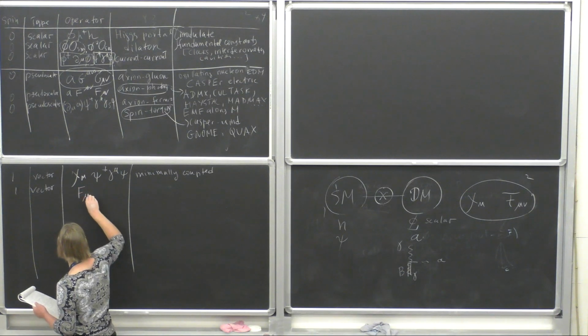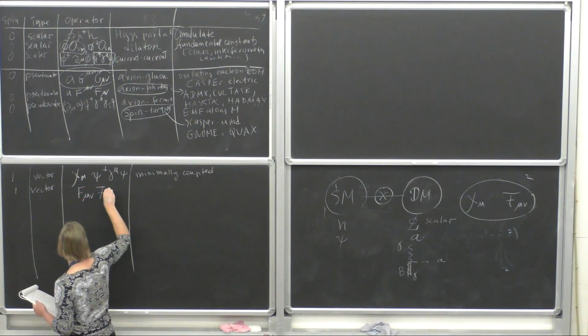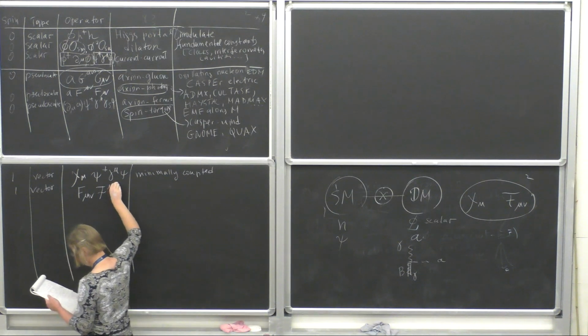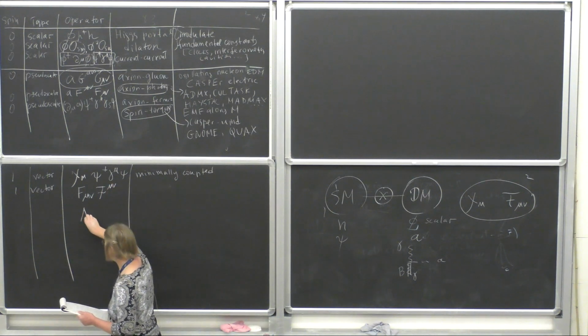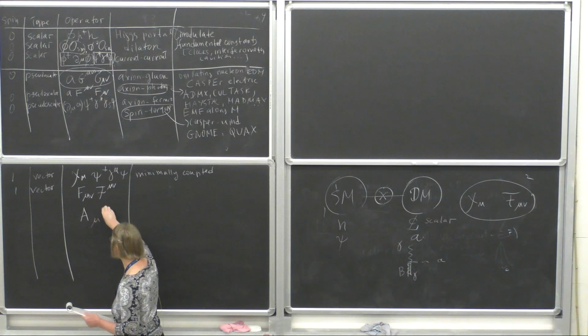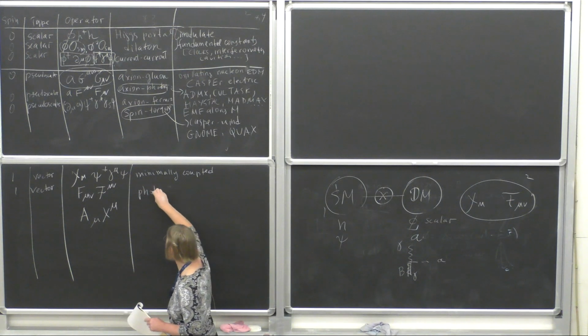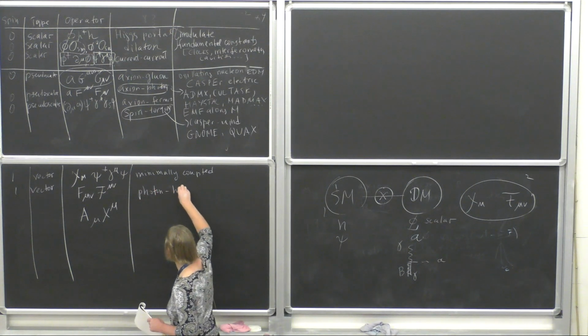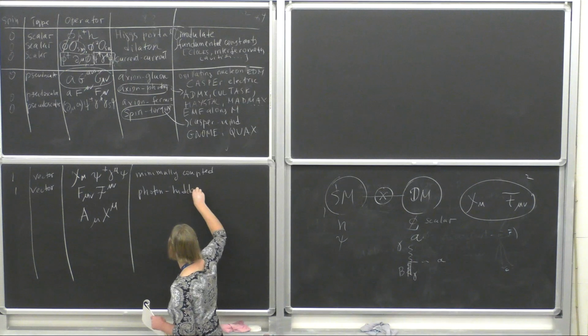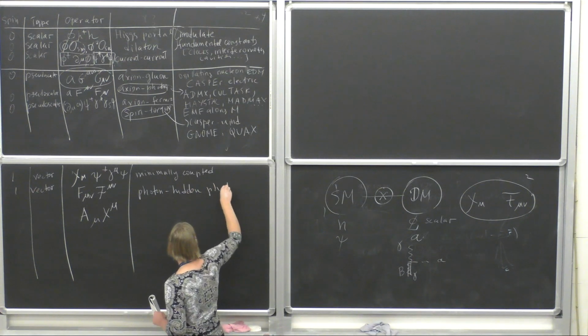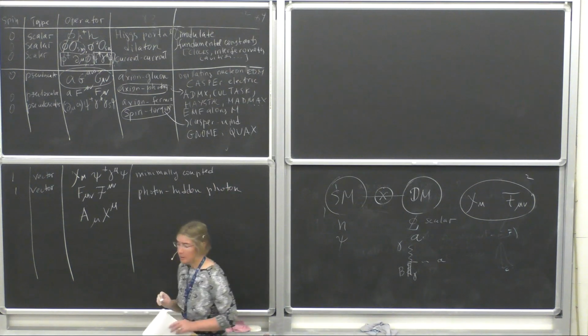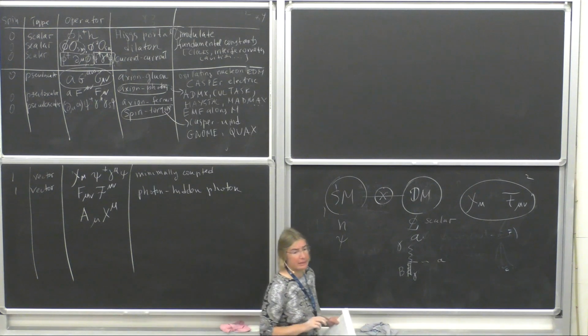So you have the electromagnetic tensor, and then you have your dark matter one, or you can actually have coupling through the vector potential. And this is called hidden photon coupling. This is also sometimes called kinetic mixing.